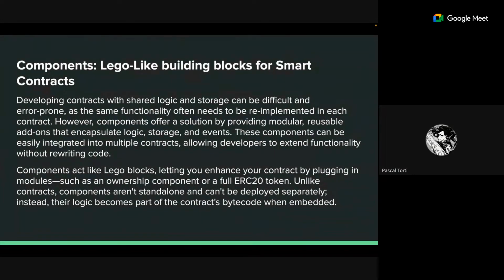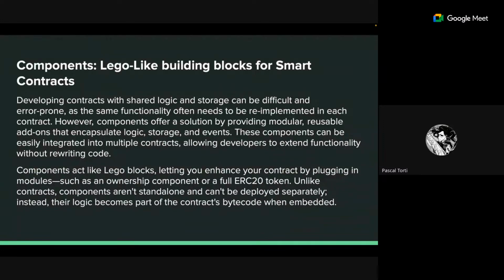These components can be easily integrated into multiple contracts and so on. You can take a look at these slides. I know most of you love slides here. Although I don't really see most of the things you are doing this week will be typing code. I can't wait to finish this slide version here.